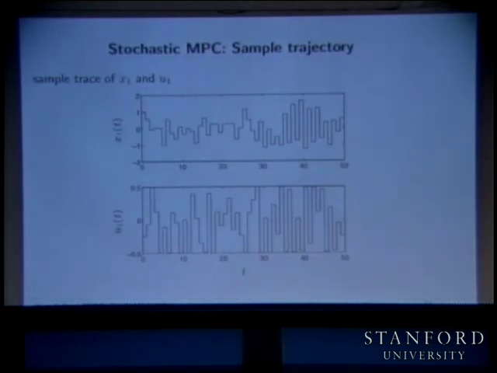So here's a sample trajectory. It's a sample trace of x1 and u1, and this shows you the state. And here's the input, and you can see that it is actually saturated some fraction of the time. You can see various times where it hits the limit like this.